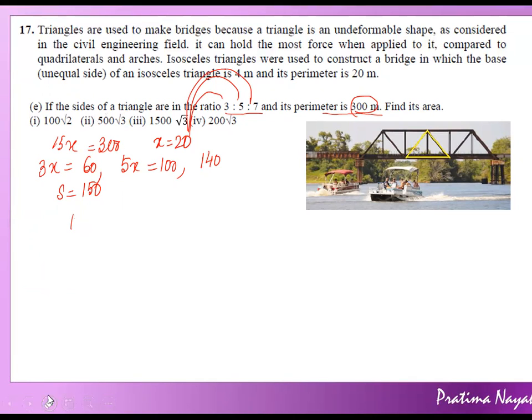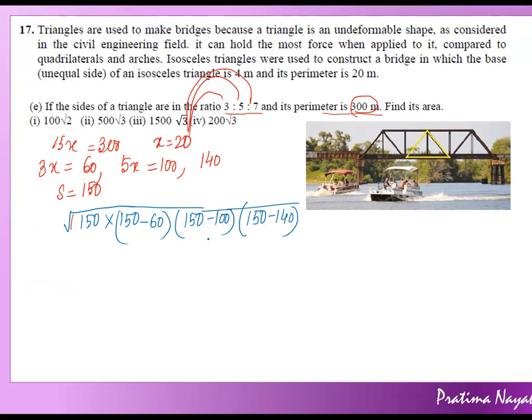So the area is equal to root of 150 multiplies 150 minus 60, 150 minus 100, 150 minus 140. Then this will be 150 multiplies 90 multiplies 50 multiplies 10.